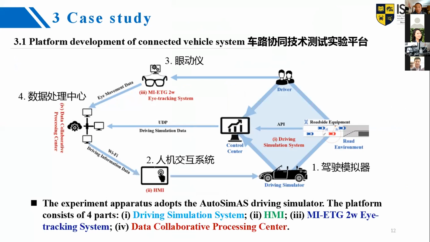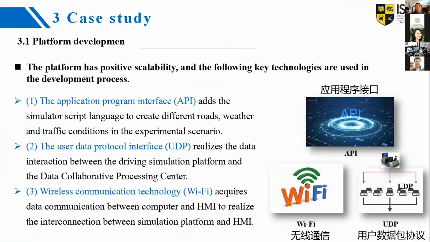We use several key technologies to connect them. The platform has positive scalability, and the following key technologies are used in the development process. 1 is API, another is UDP, and the third is Wi-Fi.